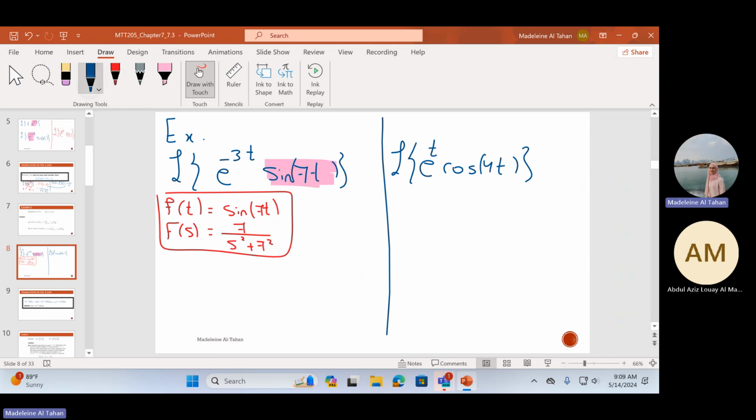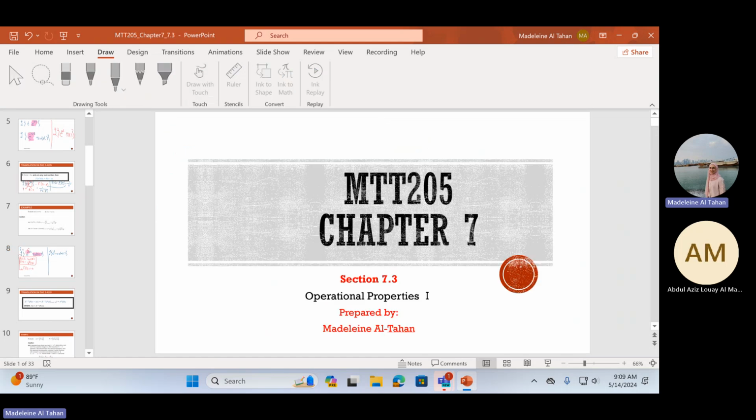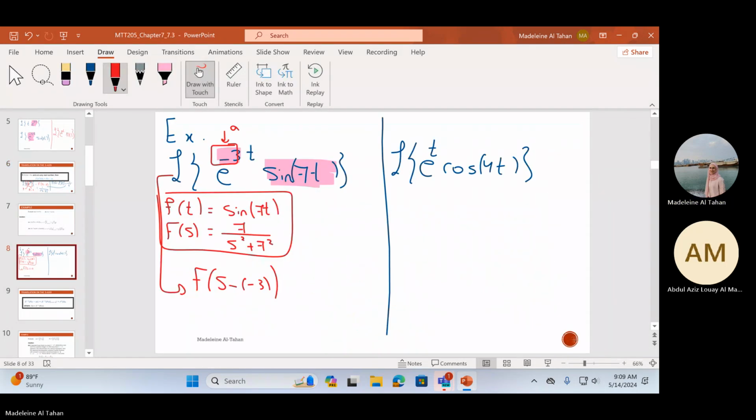Now, what's our a? This one is our a. Laplace of this one is F of s minus a. So what will we get here? s plus 3. Please stop writing a little bit because you will do the second one alone.